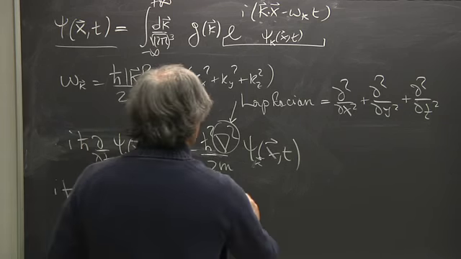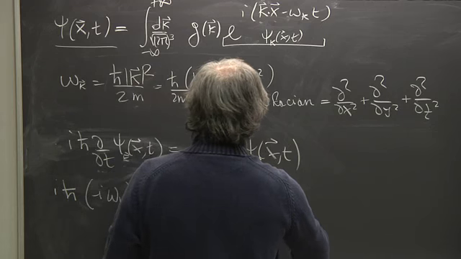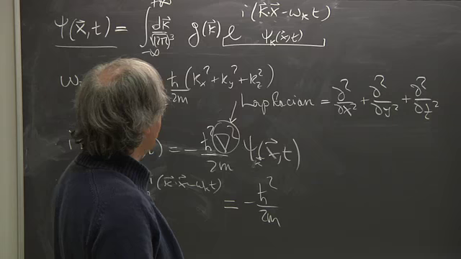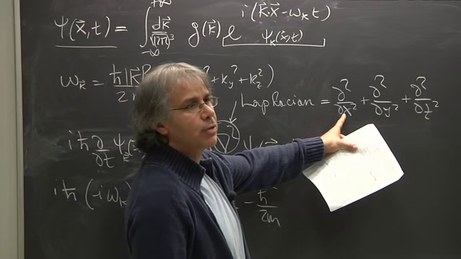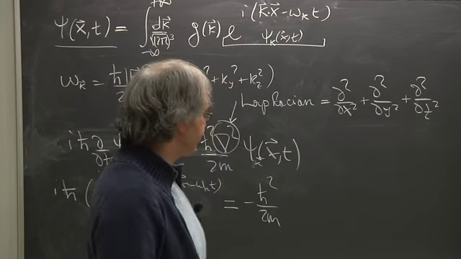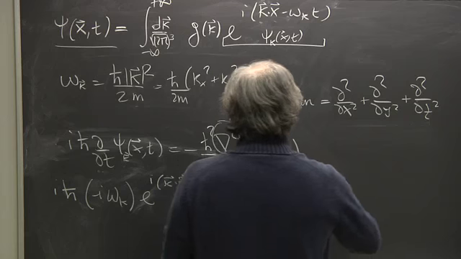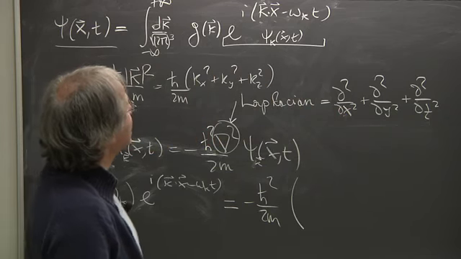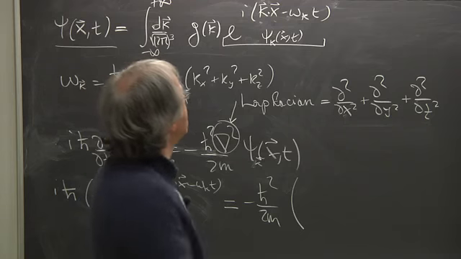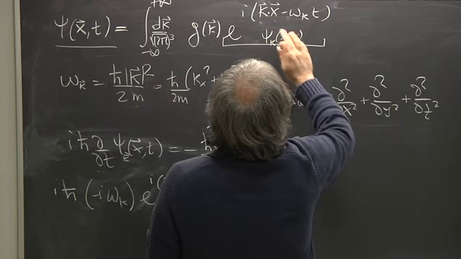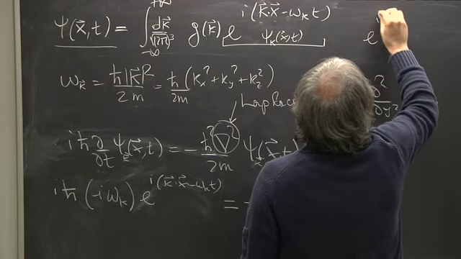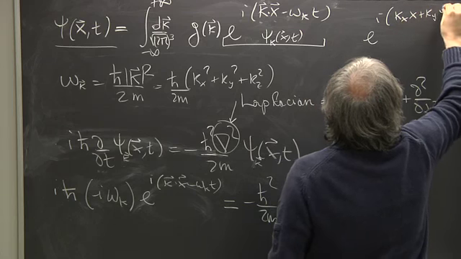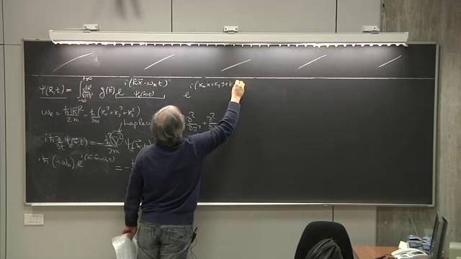Let us try now the right-hand side. So I have minus i h bar over 2m, and then the second derivatives with respect to x, y, and z. Let's consider the x. Remember here I have e to the i (kx x plus ky y plus kz z).